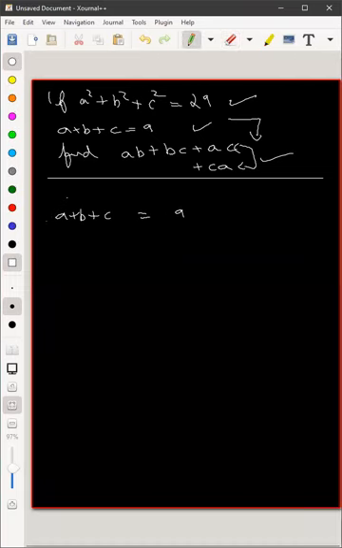Ananya, it's correct now. So now we know that we need to square this, so we'll also square the right hand side. Expand. So 9 square is equal to a plus b plus c, the whole thing square.